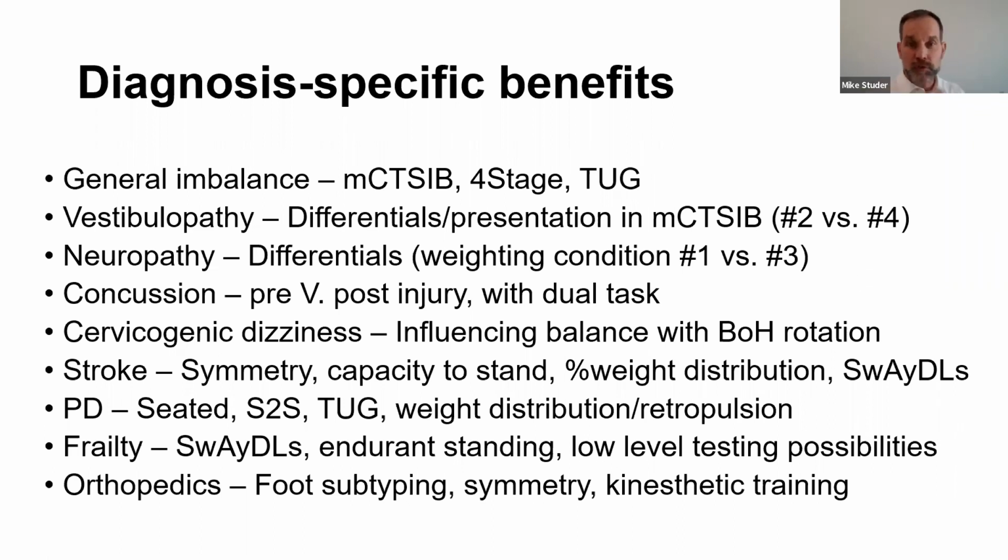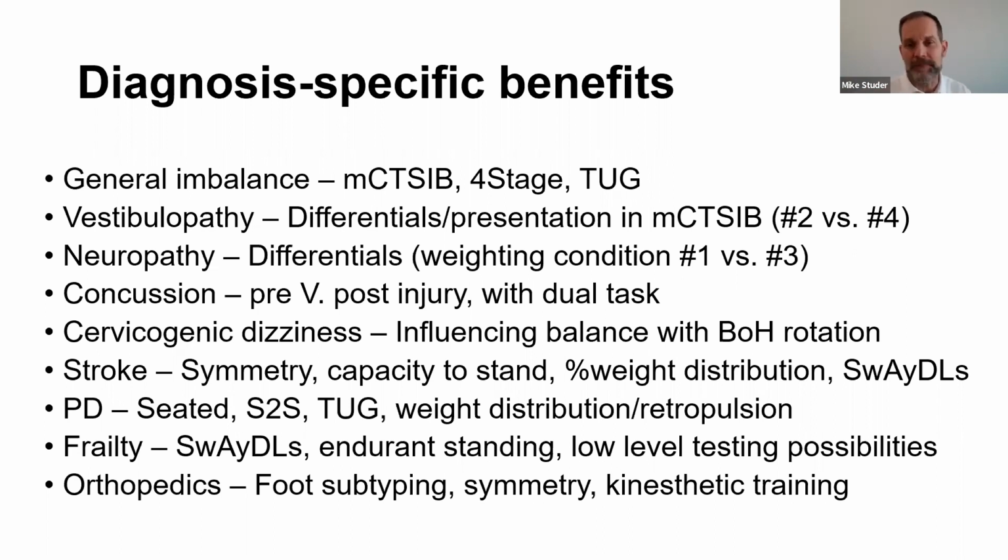How about frailty? Sway DLs, as I've already expressed, being able to take an occupational therapy assessment and make it more objective, help to be able to create an environment where we have the defensible documentation for an individual that's been on therapy for 6 weeks, 8 weeks, 10 weeks, but still improving in measurable manners here using the Sway DLs, testing you sitting, standing, dressing, etc. Endurance standing, and again, separate from Sway DLs, just your ability to endure for a full 20 seconds standing and not experience tremor from your frailty or not have to sit back down.